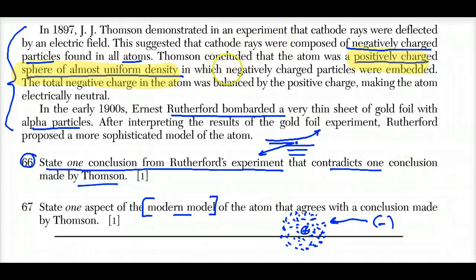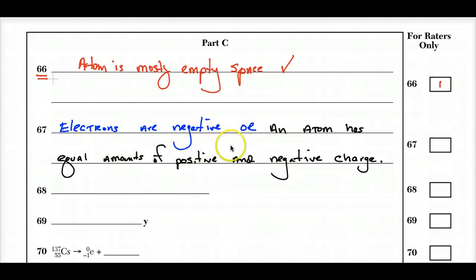He said the total negative charge of the atom was balanced by the positive charge. Well, we know that to be true today. An atom is electrically neutral because the protons, the positive value, equal the electrons. So a couple different ways to answer that. So I said electrons are negative. The modern model of the atom says electrons are negative, and certainly J.J.